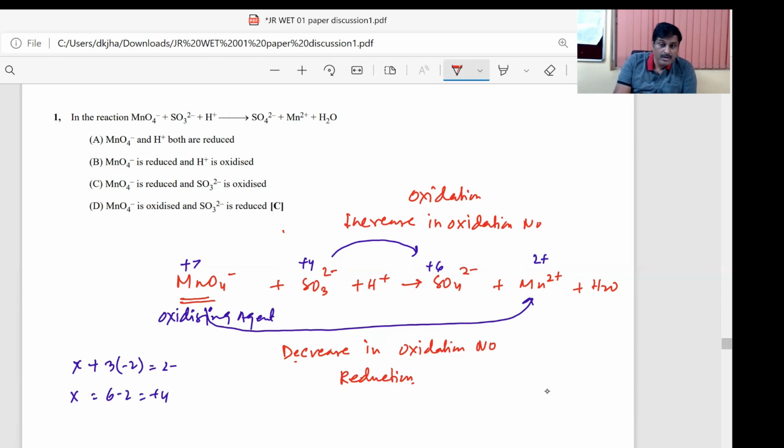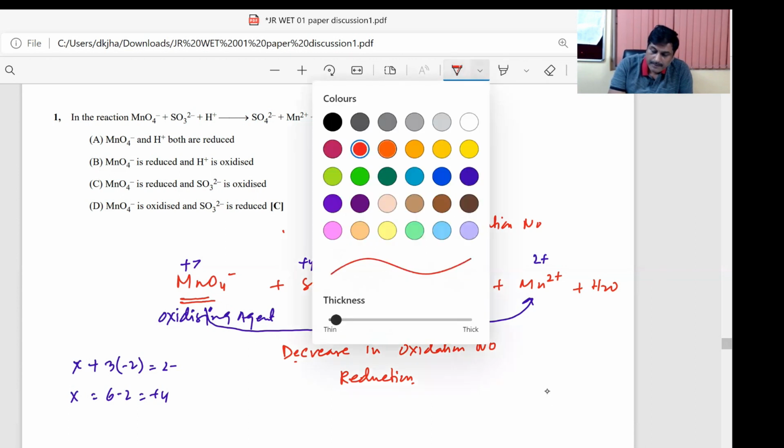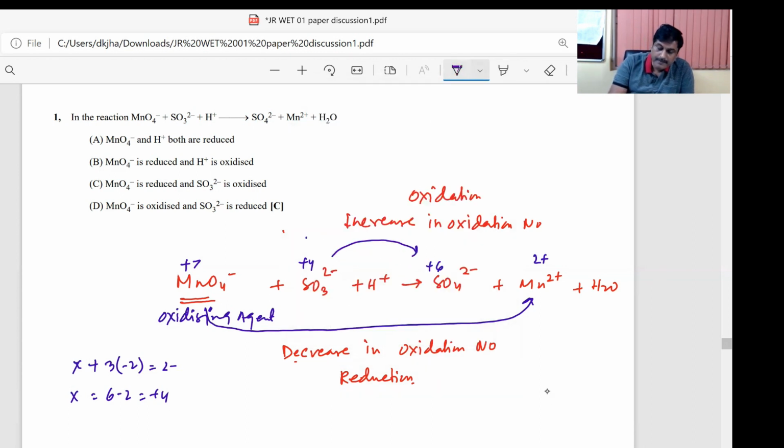So this undergoes oxidation, so this one is acting as the reducing agent. Now, let's come to the question here.